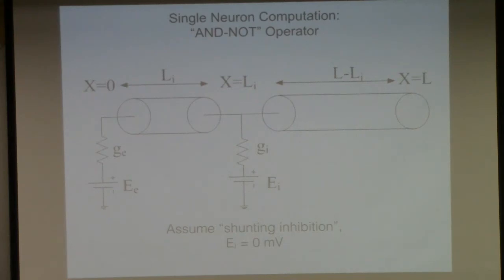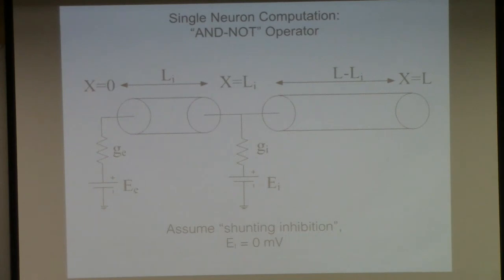So if you get an input here, and if the conductance values are right, the input here ablates the response to this input. So you get a response if this input is on and this one is not.